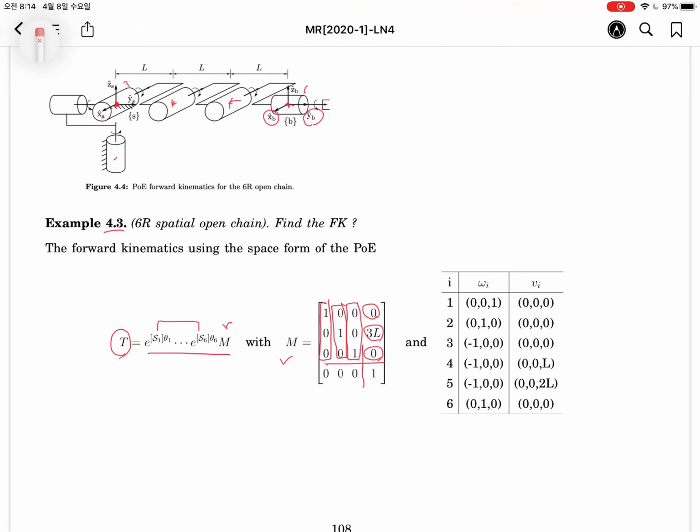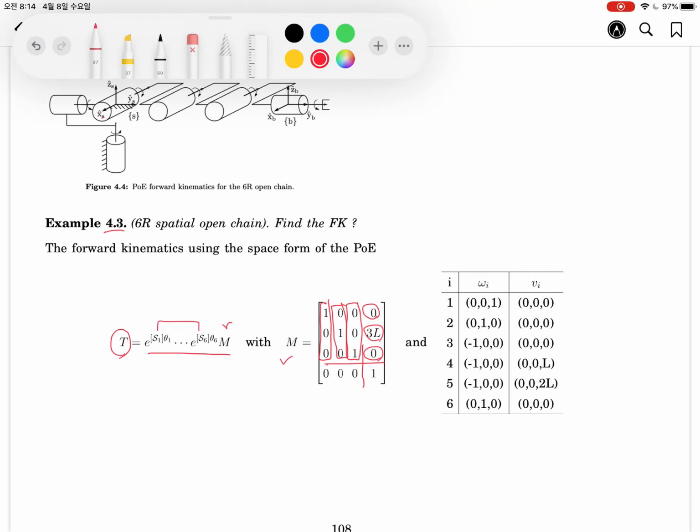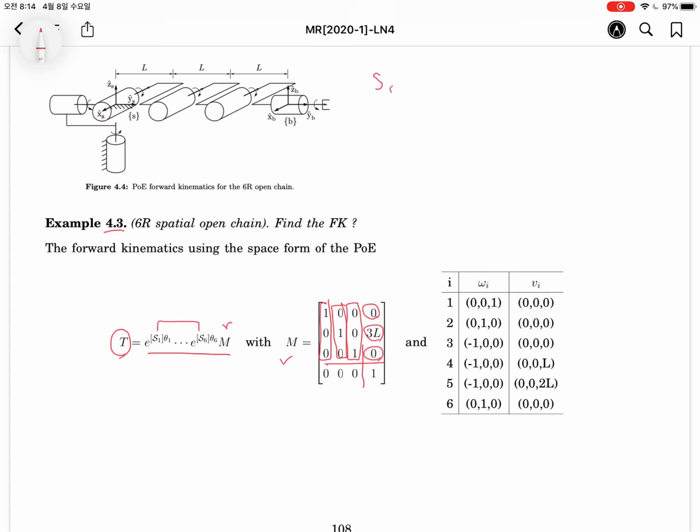Let's obtain the screw axes. S1 is about this axis. This rotation is about the z-axis, so 0, 0, 1 is assigned to omega 1, and there is no translational movement of this part, so 0, 0, 0 as the linear velocity.